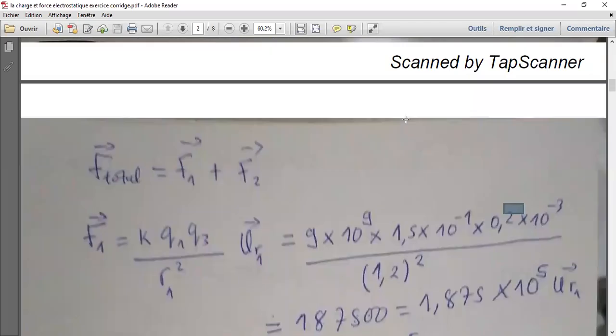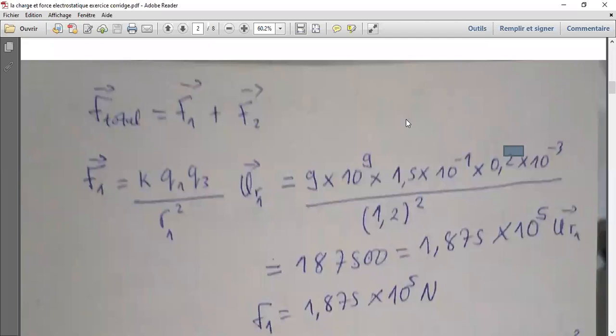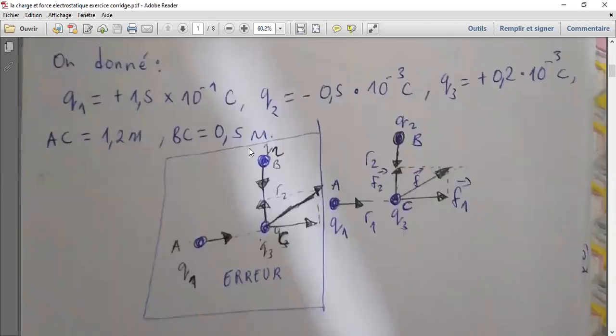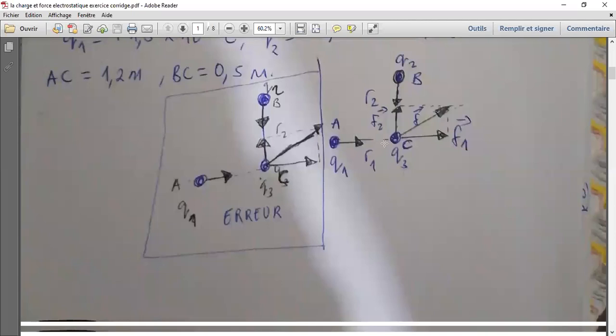They have given us AC here. Our AC is 1.2. So this is the 1.2 which you put here.